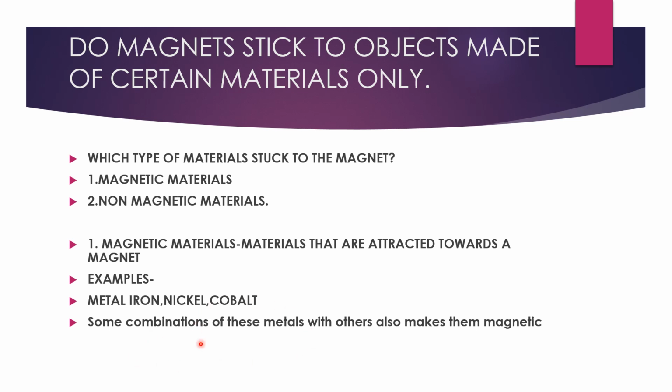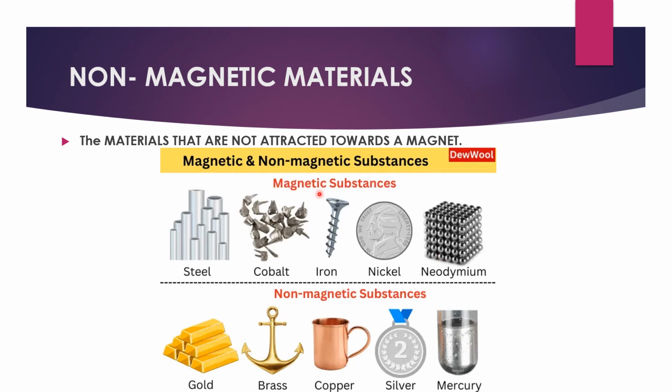Some combinations of these metals with others also make them magnetic. Magnetic materials include steel, cobalt, iron, nickel and neodymium. That means they are attracted towards a magnet.